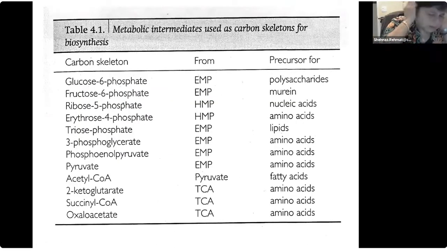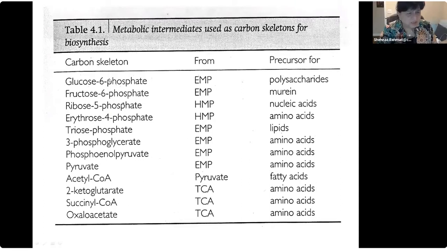Now, what are some of these metabolic intermediates that we are talking about that will be used as carbon skeletons for biosynthesis, and where do they come from? Without knowing them now, because we haven't even looked at the pathways, just to give you an idea, these are supposed to be your 6 important intermediates from the Emden-Meyerhof pathway or the HMP or the TCA.